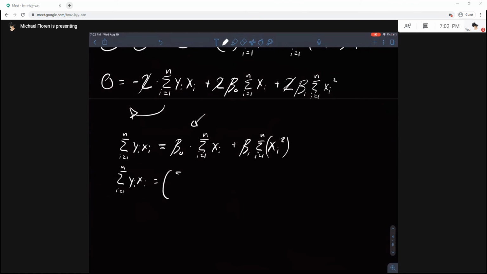Now y bar was just the sum of y divided by n, and because we're doing multiple sums here, I want to be careful, so we'll just use j for these ones, the sum of j from 1 to n of y sub j minus beta 1 times sum from j equals 1 to n of x sub j over n.